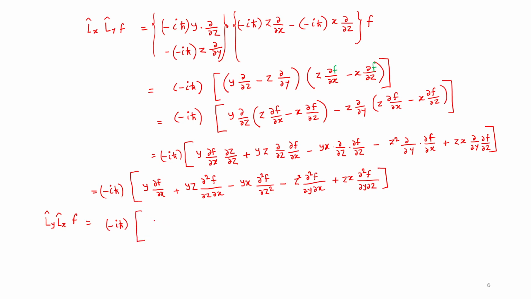Now we can replace z ∂/∂x minus x ∂/∂z, right, into y ∂f/∂z minus z ∂f/∂y. This is what we will get from here, iħ.